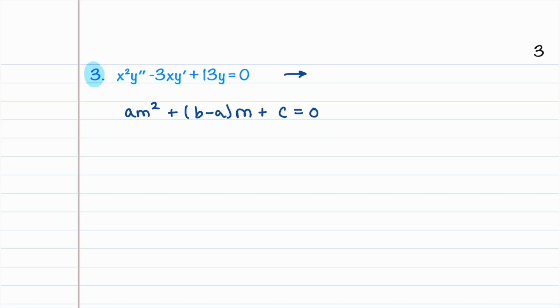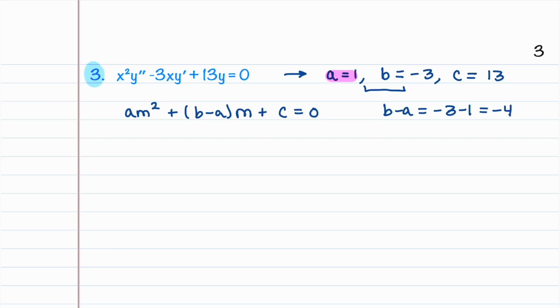From our equation, we can see that a is the constant that multiplies the x squared, and that's equal to 1. b is the constant that multiplies x, and that's minus 3. And then c multiplies y, and that is 13. From this, we can calculate b minus a, and that's going to be minus 3 minus 1, which is minus 4.